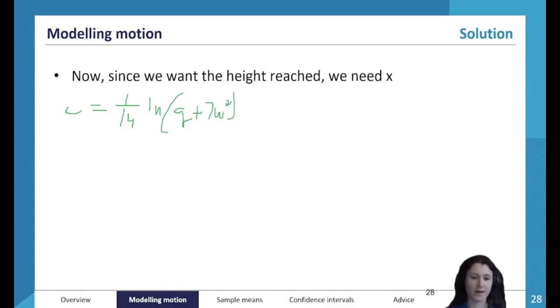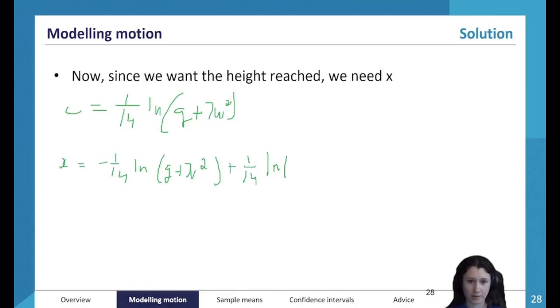Alright, and now just to add that C value to our original function for x, we're going to get that x is equal to negative 1 on 14 ln g plus 7v squared plus 1 on 14 ln g plus 7u squared.